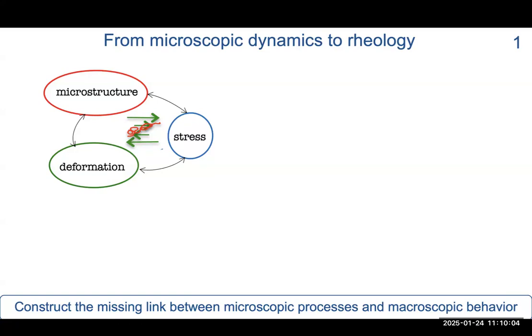So it's not just building structure, or just having ideas of some basic processes that can come up in mechanical response, but the ambition is to try to build this loop.